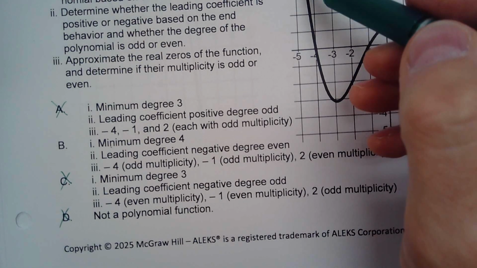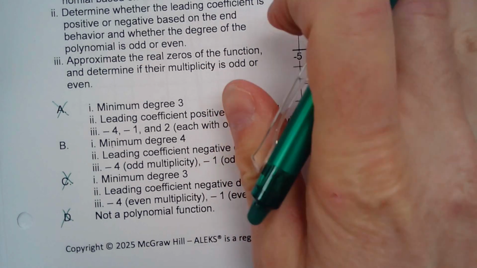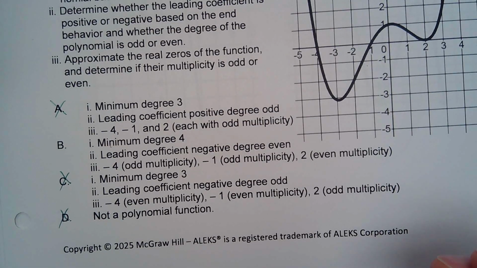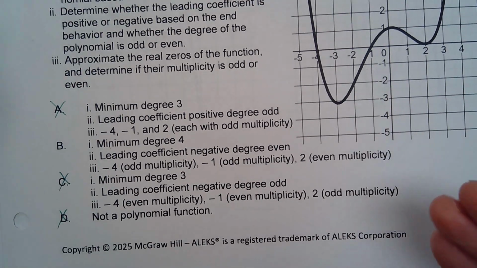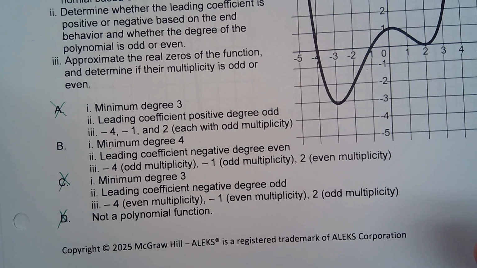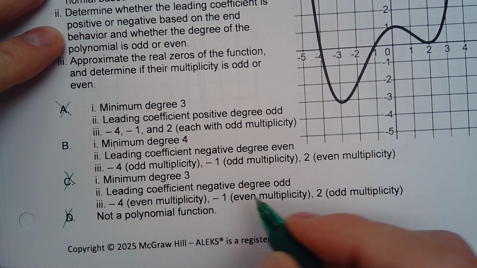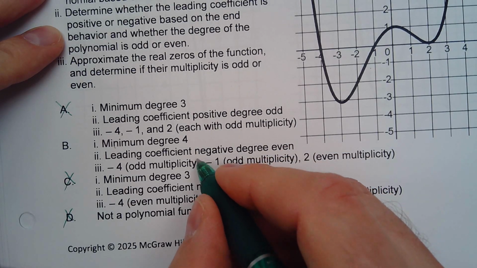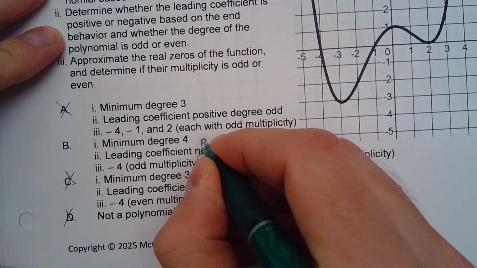So then this thing points up, so it should be positive even. So let's fix this. Oh, I'm sorry. Yeah. So let's change this here. This needs to be positive. So there's another typo.